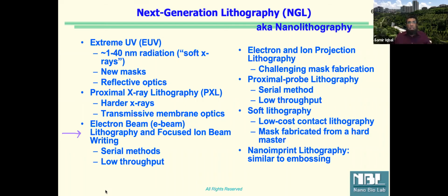And E-beam would be the same, except electrons are too small. If you try to focus them to that small a spot in air, there'll be too many diffractions. So we have to have specialized equipment where we create vacuum, we pump everything out, and then we have a bunch of lenses.